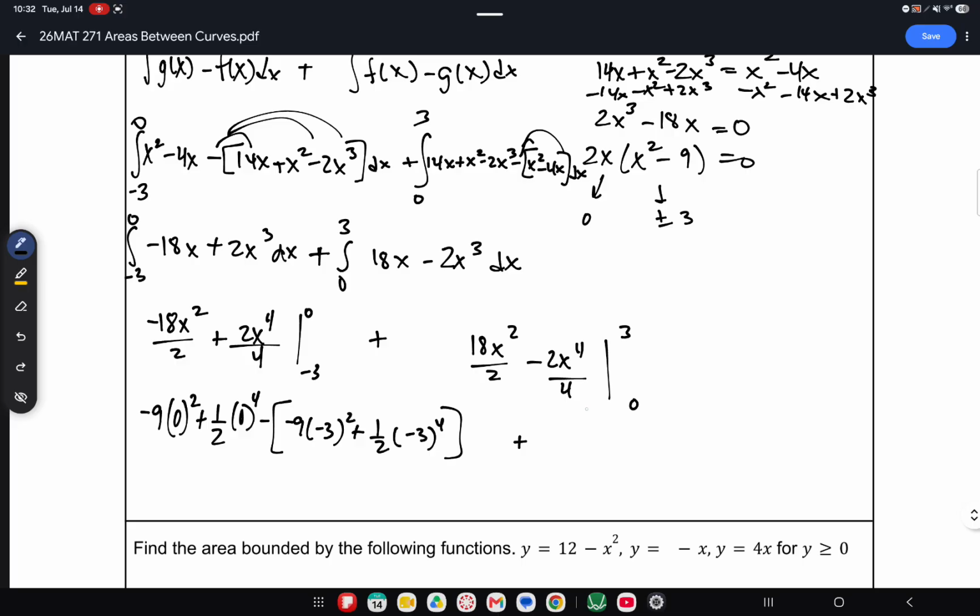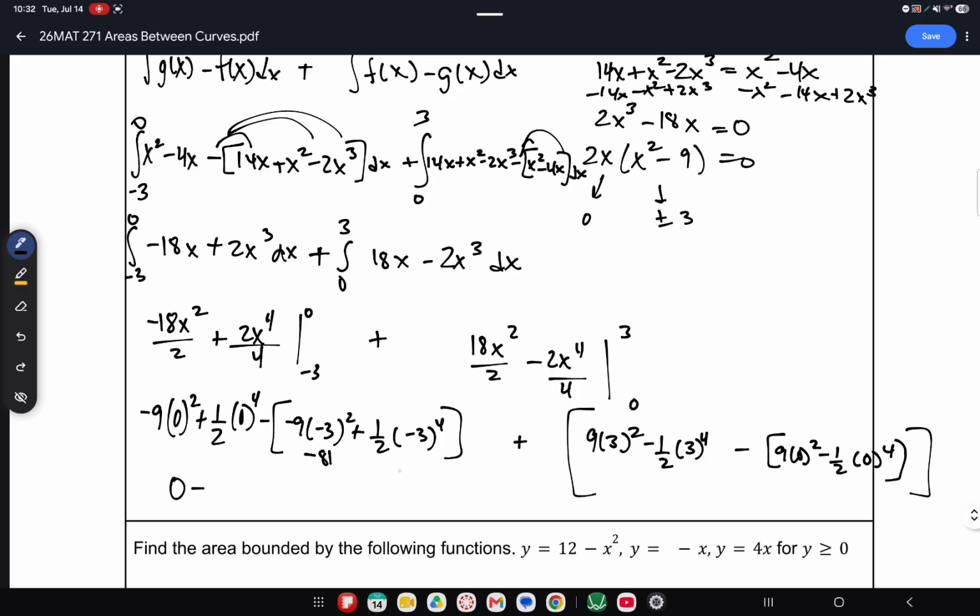And we'll add in this big old chunk here. So 9x squared minus 1/2 x to the 4th, subtracting off. If I substitute in 0, alright, so if I do 0 here, it's going to be 0 minus whatever this value is. 9 times negative 9 is negative 81.